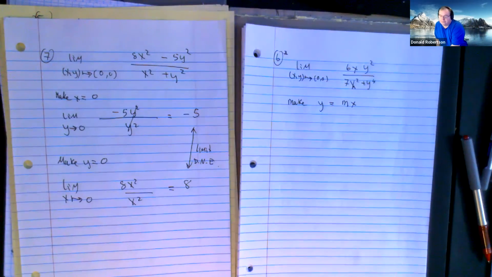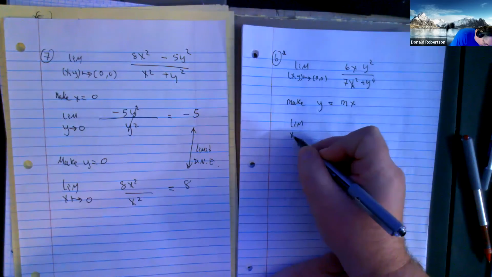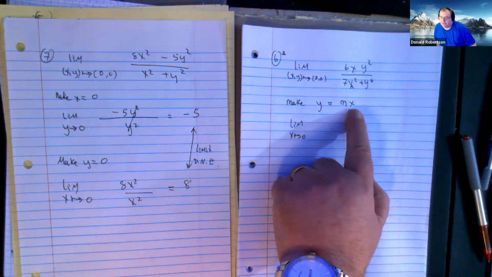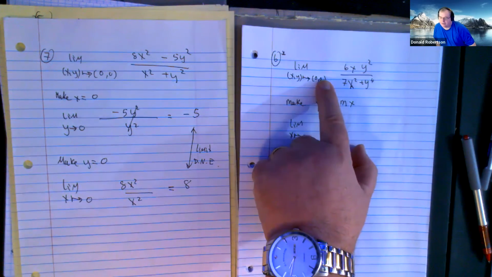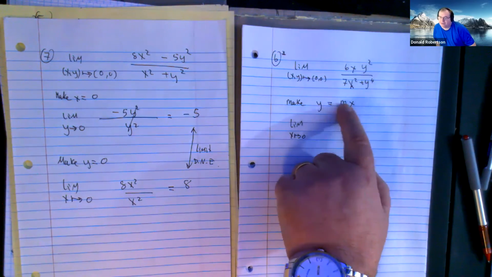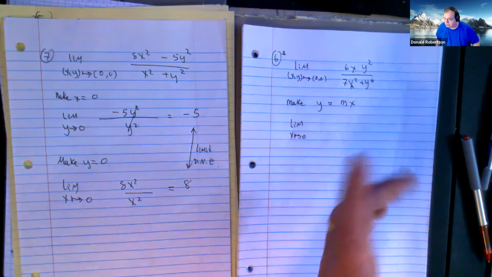Now, I'm going to make y equal mx, which means that as long as I make the limit as x tends to 0, won't y also go to 0? So isn't that a very weird way of just saying both of them go 0? I'm going to make x go to 0, and I'm going to make y m times x. So y is m times 0, so y is going to 0.